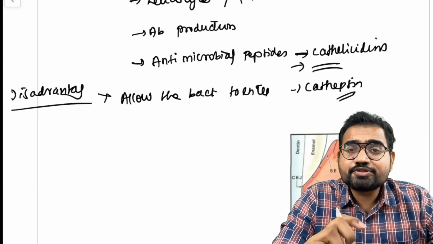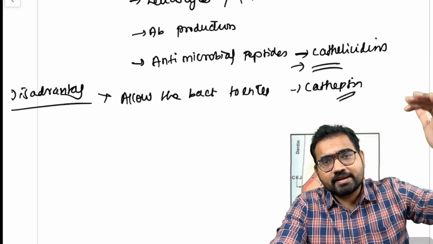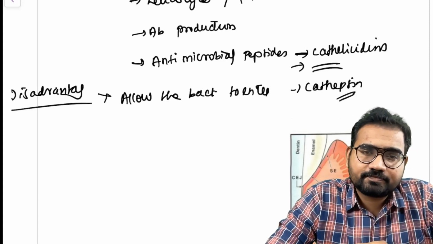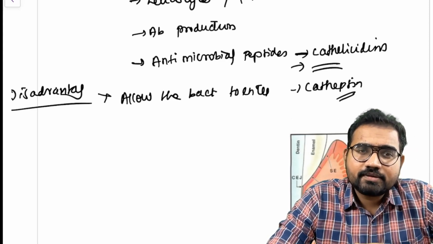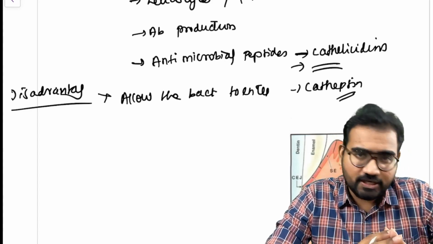Once the connective tissue is destroyed, we call it a pocket. So the junctional epithelium migrates downwards. Okay, these are the advantages and disadvantages of junctional epithelium.